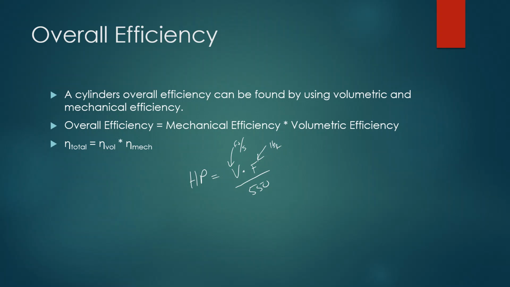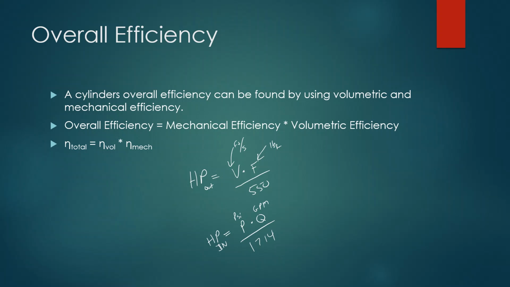This is a power out, by the way, horsepower out. So our horsepower in would be hydraulic horsepower, which would be pressure in PSI times flow in GPM divided by this constant 1714. Okay, so this would be our power in. So our power in is always going to be greater than our power out.